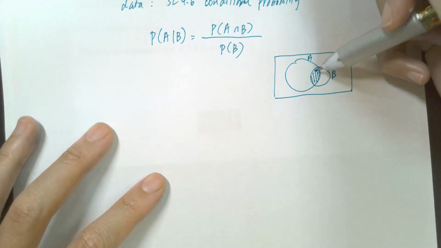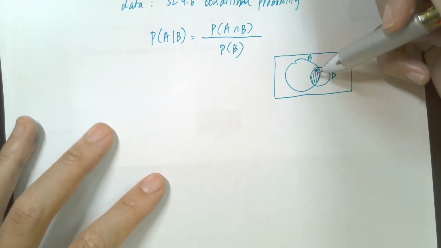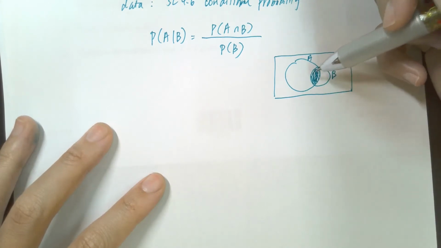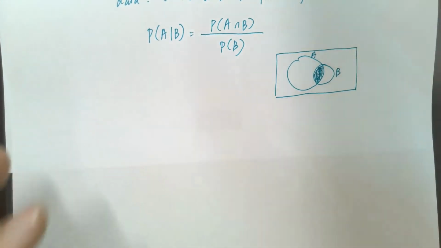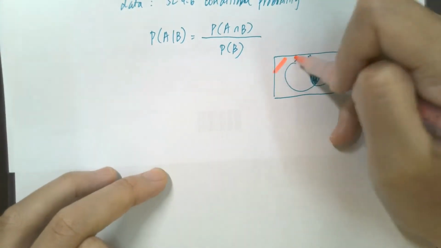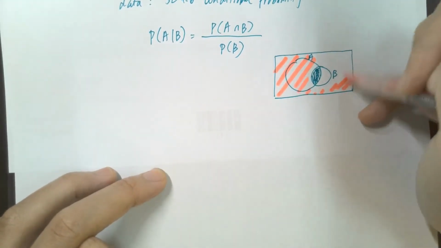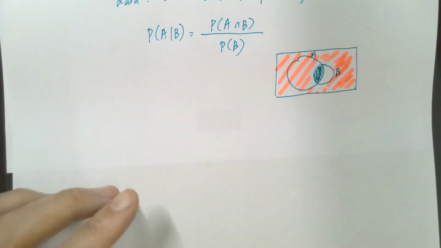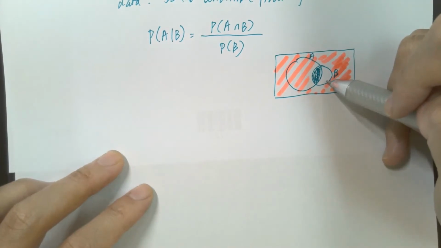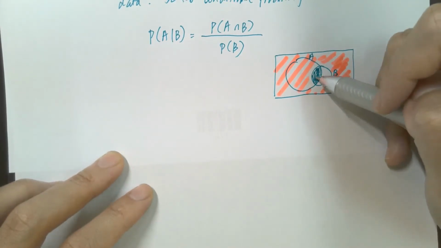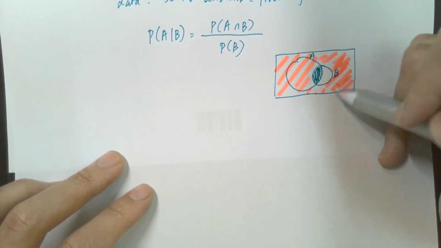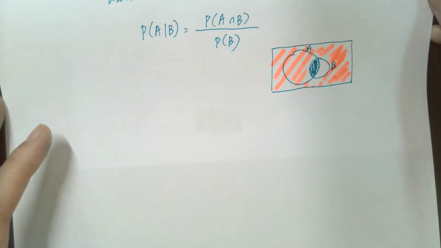But it's also restricted, because we already eliminated a bunch of the outer spaces, which is to say that given that it's B to start with, we just have to calculate this area relative to the whole area of B, right? So this is our conditional probability.